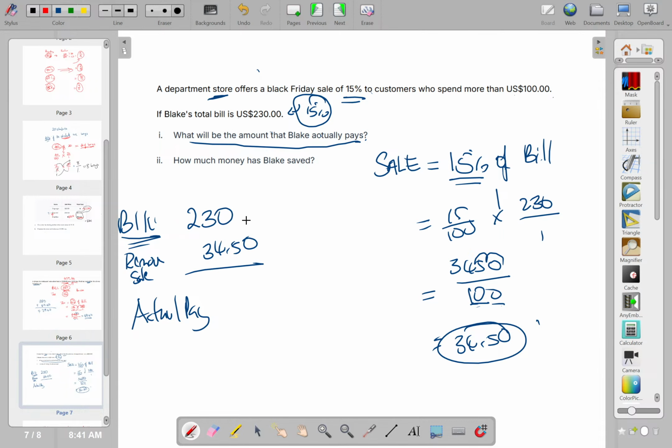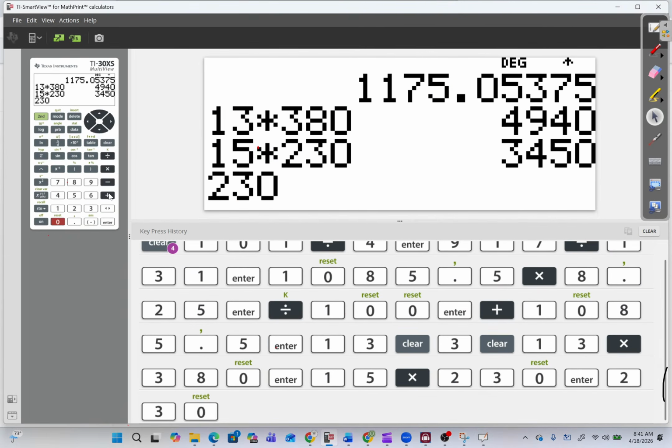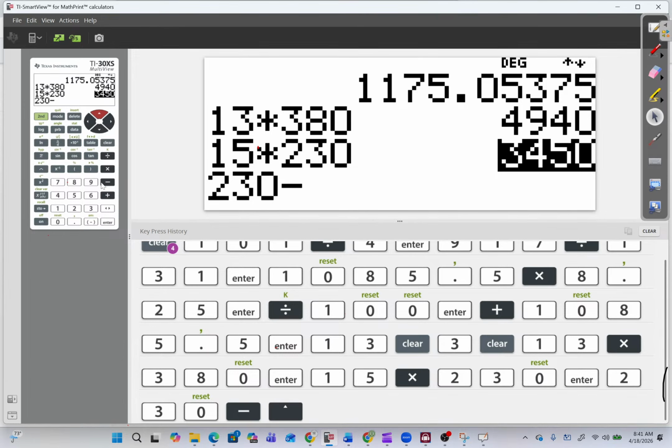I can't be paying more than before. There's no way I could be adding it and getting 264.50, because then, is that a sale? No, that is making the cost even more. The operation for a sale is that you remove it. So we have 230 minus the thing that we had before.